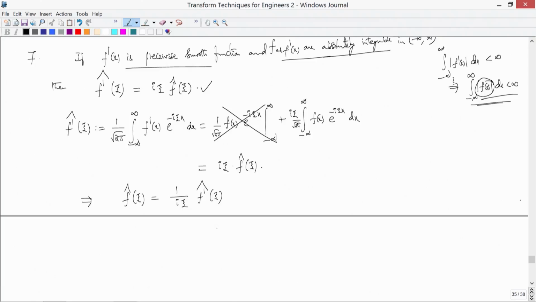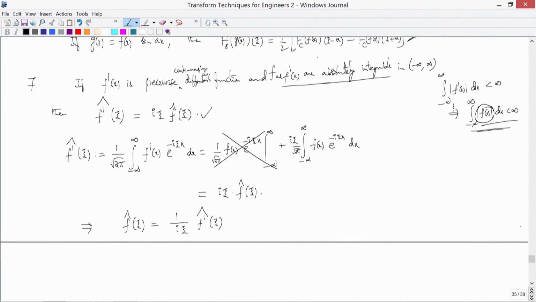Once you say that f is a piecewise smooth function, f dash is a piecewise differentiable function, continuously differentiable. That means it is a differentiable function which is continuous. These are the conditions under which you have this.